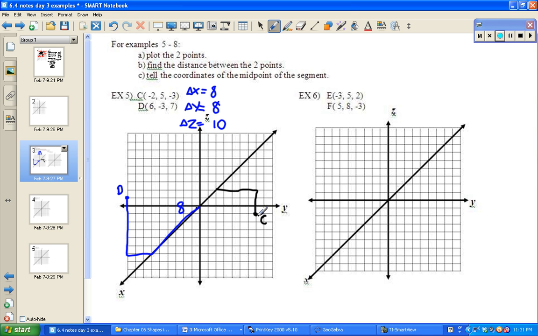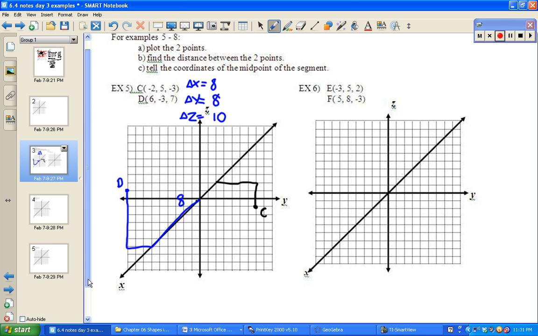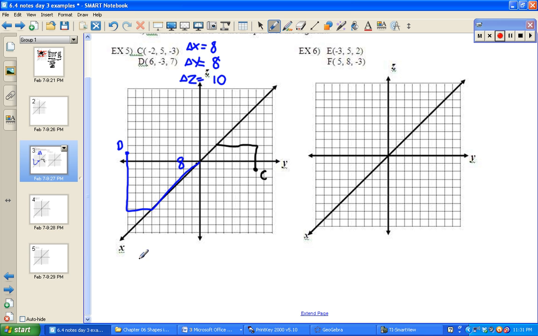Okay, so we've got the 2 points plotted, C and D. We don't have to draw the box or anything like that. And then it says find the distance between the 2 points. So for part B on here, I'll extend this out a little bit. For part B, we're going to use a squared plus b squared plus c squared equals d squared.